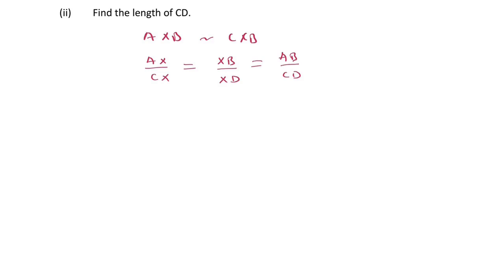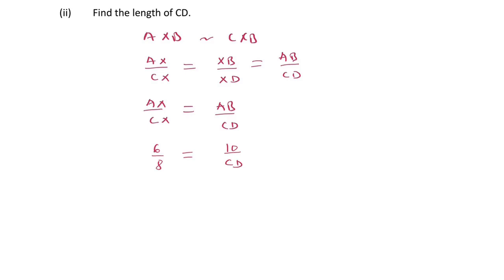Okay, so let us consider this ratio AX over CX equals AB over CD. Let us now substitute the values from the figure given. Then we have 6 over 8 equals 10 over CD.